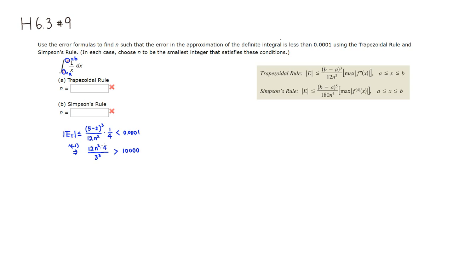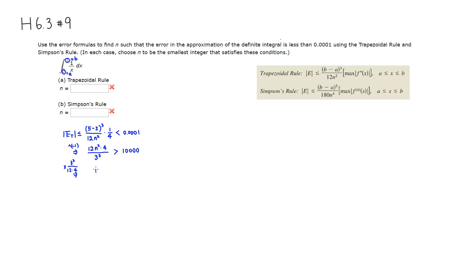So we got that. The next step is to get rid of the 3 cubed, so I'm going to multiply by 3 cubed. Then I have to get rid of 12, so divide by 12, and get rid of 4 there.